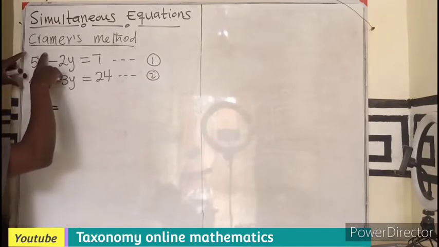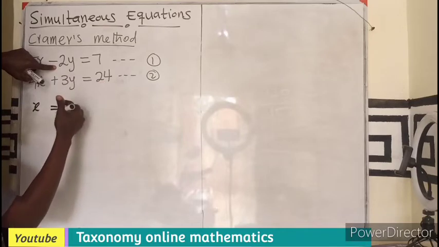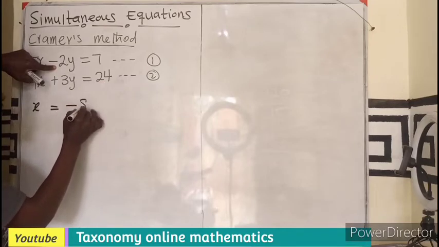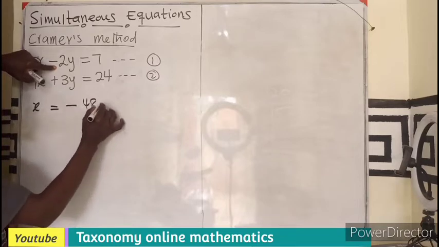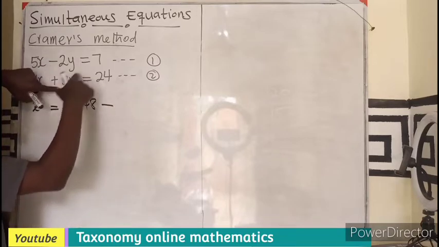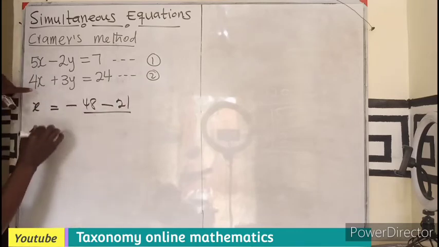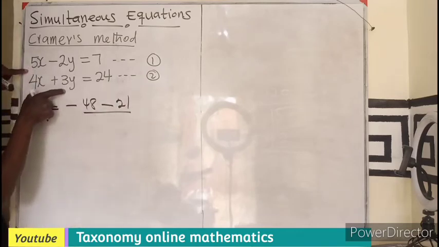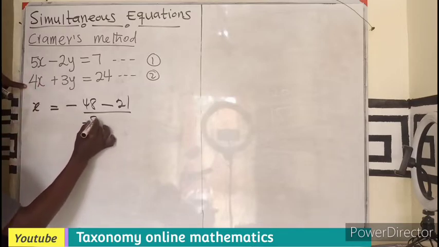So I'm going to hold the x down, use this, minus 2 times 24 will be minus 48, that's the leading diagonal. Then the other diagonal will be 21 over, then I'll come back to the actual matrix. So this time this will be minus 8.